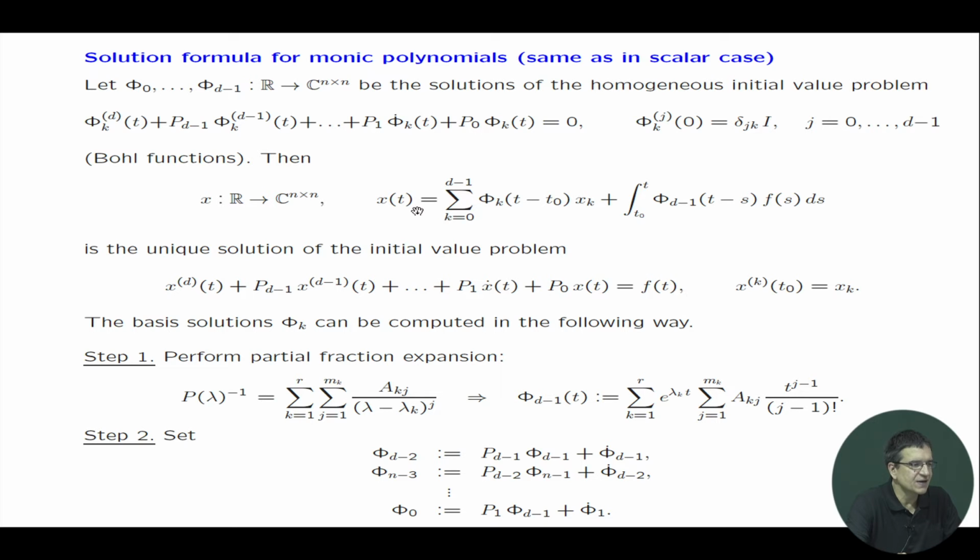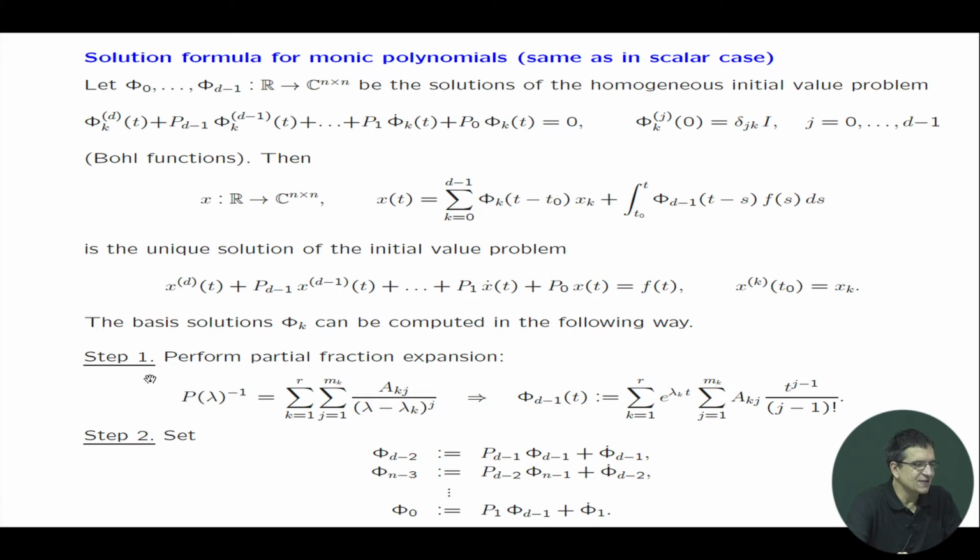Then this is the solution formula, where the phi k's are now matrices, and all these matrices satisfy the homogeneous differential equation with certain initial values, namely that we have this relation that at time 0 the matrices are either identical or zero matrices. So this is this very nice solution formula.